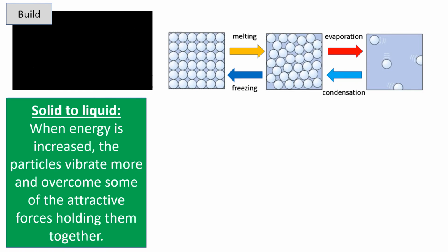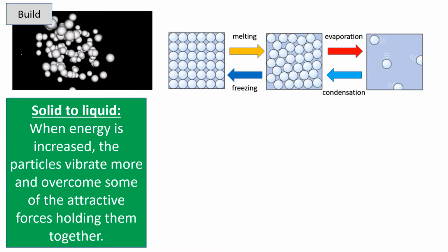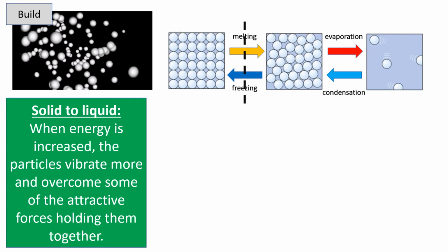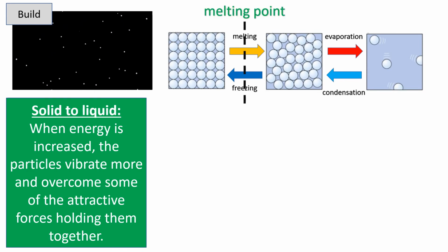So if you look at the little GIF in the corner there, here we go, here we have a solid, and as it gets more energy, they're able to break away. So just adding that energy gives the particles more energy, they're able to overcome some of the attractive forces holding them together. This point here, where you change from a solid to a liquid, is your melting point, and that is different in different substances, and the next lesson will cover that.